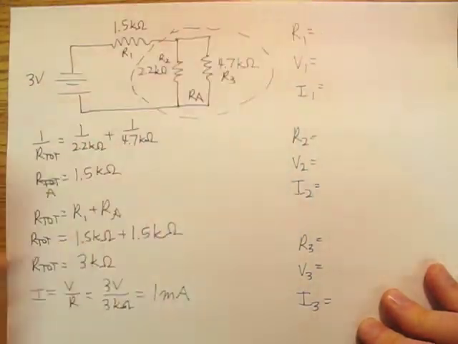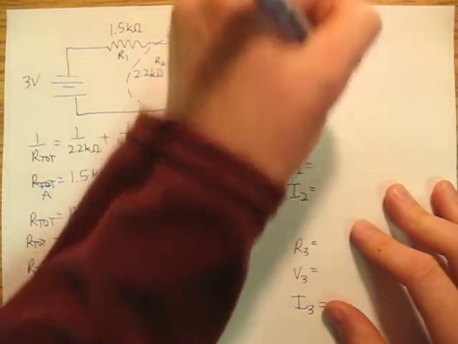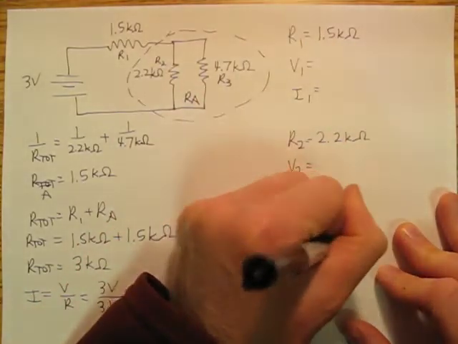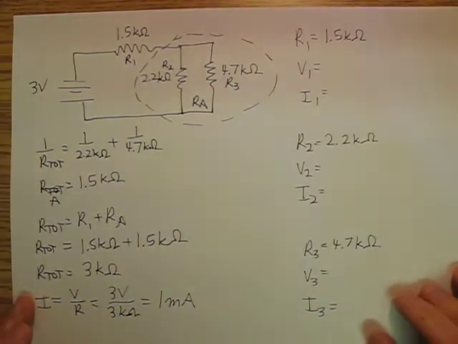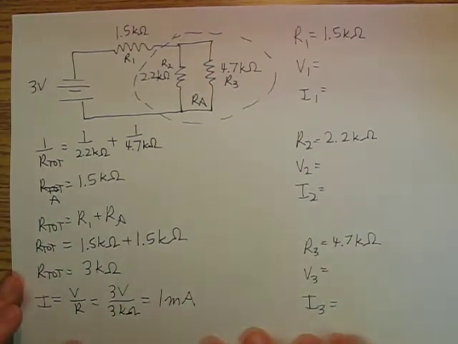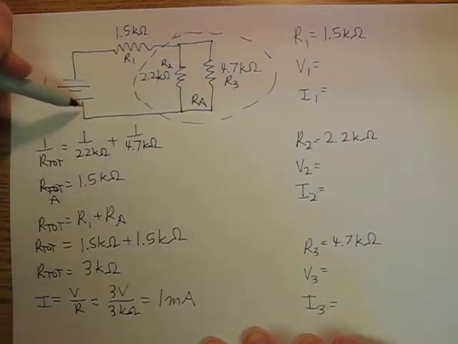And I've got my values for my resistors: 1.5 kilo ohms, 2.2 kilo ohms, 4.7 kilo ohms. Now, what I said in an earlier video from Kirchhoff's law is that if 1 milliamp is leaving this battery, 1 milliamp has to come back to this battery.